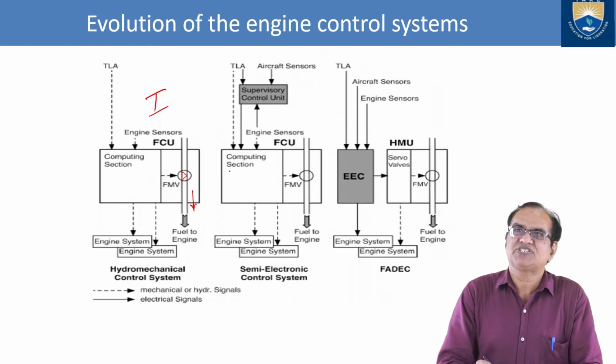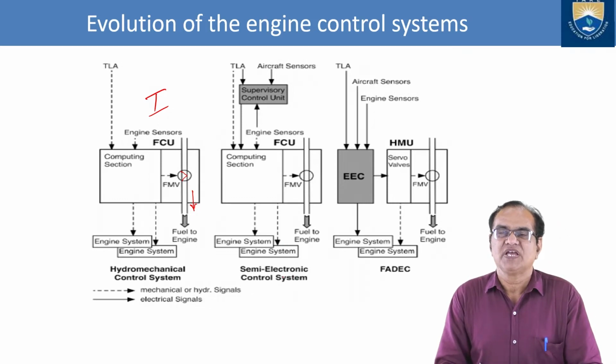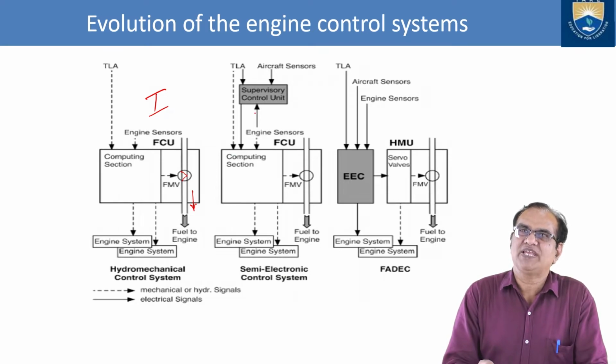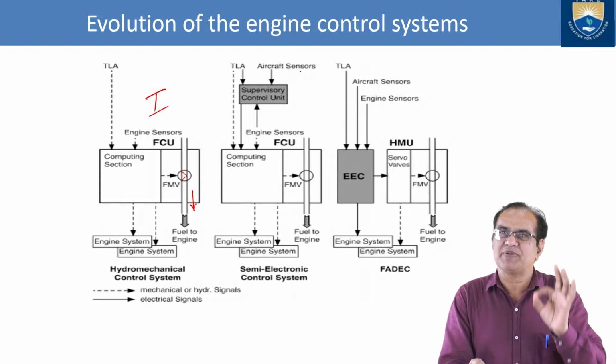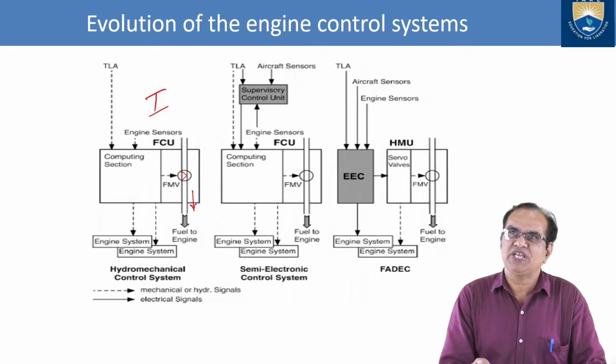Then the next stage is the semi-electronic control system. If you see here, these basics are the same. Only here TLA is there, and here we have the supervisory control unit. Here we have the aircraft sensors. All the sensors, pressure, temperature, RPM, everything is sensed and given to the supervisory unit.